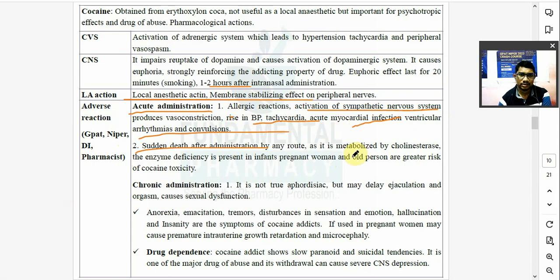As this is metabolized by cholinesterase, the enzyme deficiency is present in infants, pregnant women and geriatric patients. So greatest risk of cocaine toxicity.